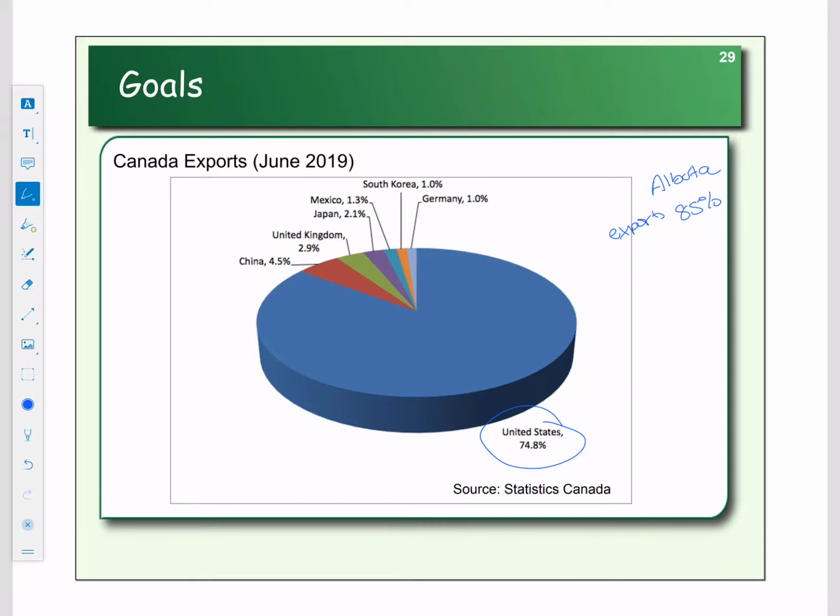So Alberta is the most reliant on trade with the US. In fact, about 13% of Alberta jobs are tied to trade with the US. And so Alberta is very reliant on what's happening with the Canadian US dollar exchange rate, with what's happening in the US economy, because we sell so much of our products to them.